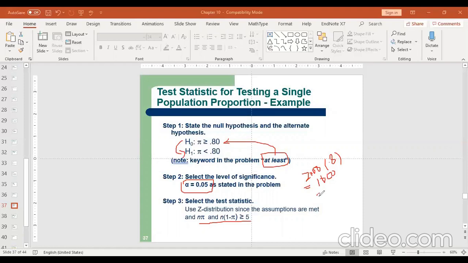What is the value of the variance? n times 1 minus the population proportion, so this is going to be 2000 times 0.2. So the variance is 400. The condition is met, and now we are going to use the Z distribution, which is the normal approximation to the binomial.